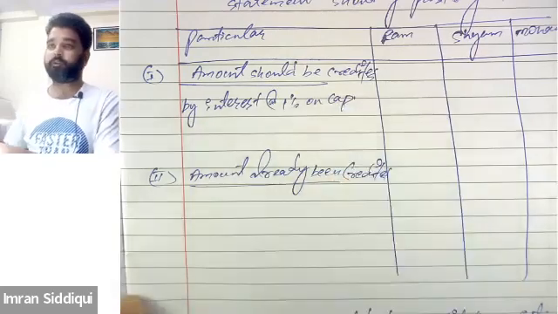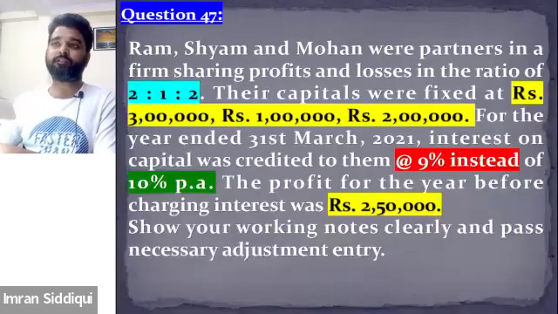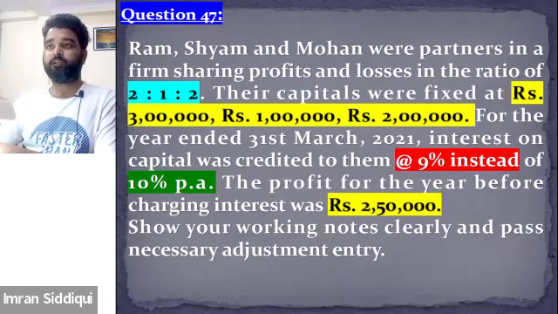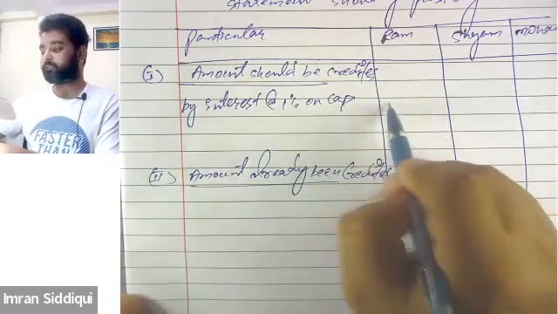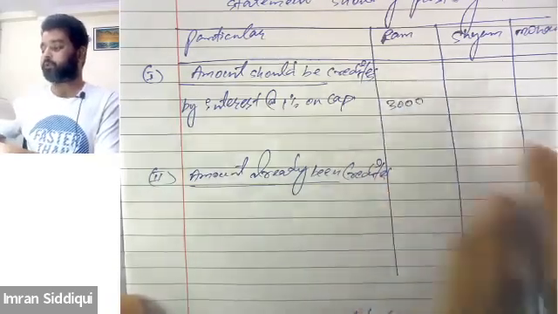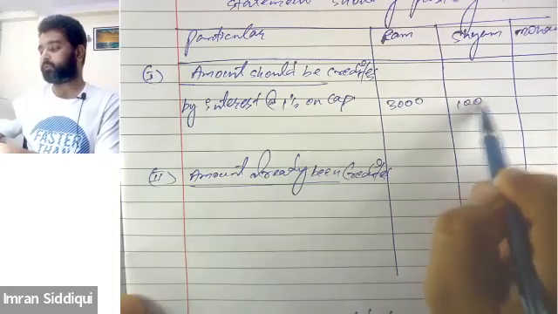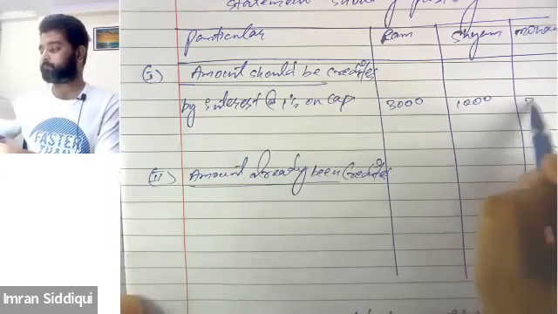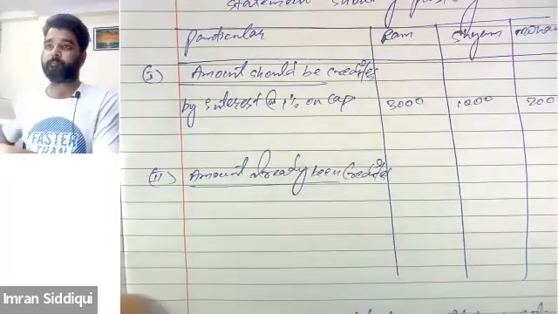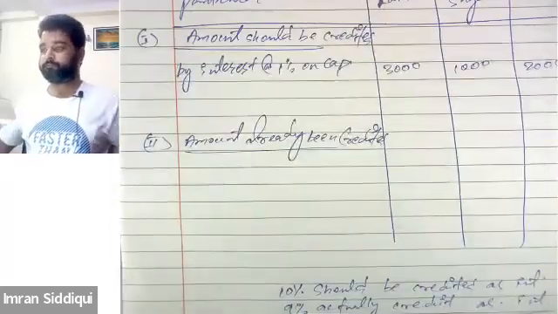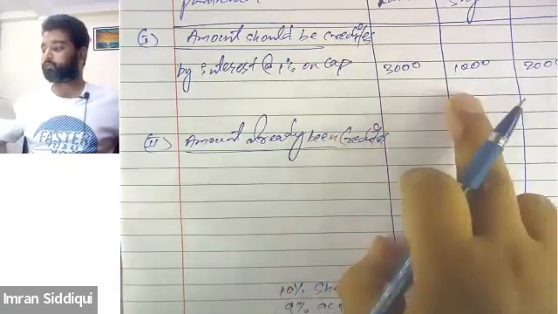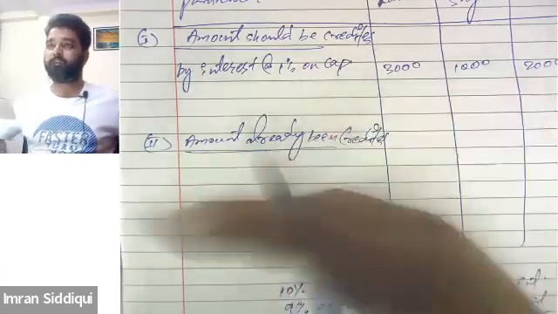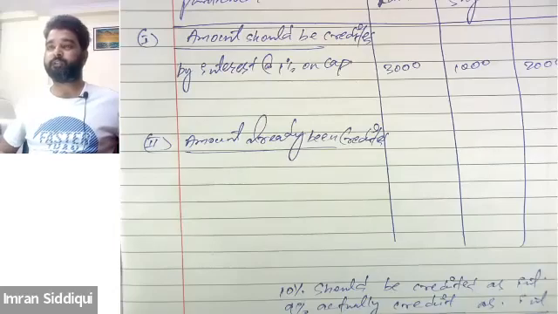The capital balances are 3 lakh, 1 lakh and 2 lakh. That means 1% of 3 lakh will be 3,000, 1% of 1 lakh will be 1,000 and 1% of 2 lakh will be 2,000. The 3,000, 1,000 and 2,000 should have been credited among the partners by way of interest.